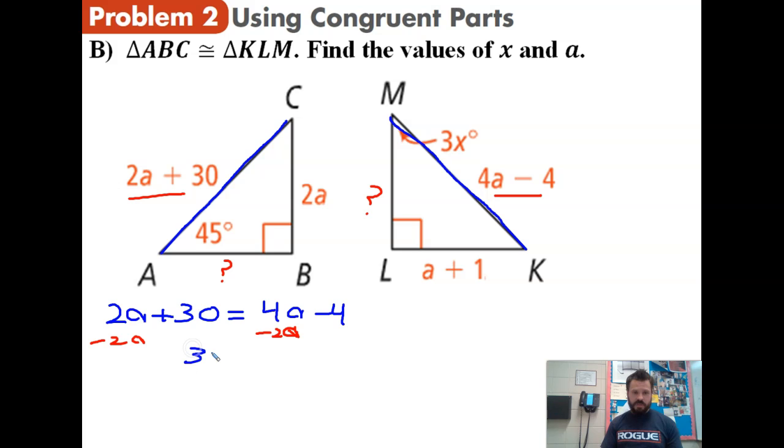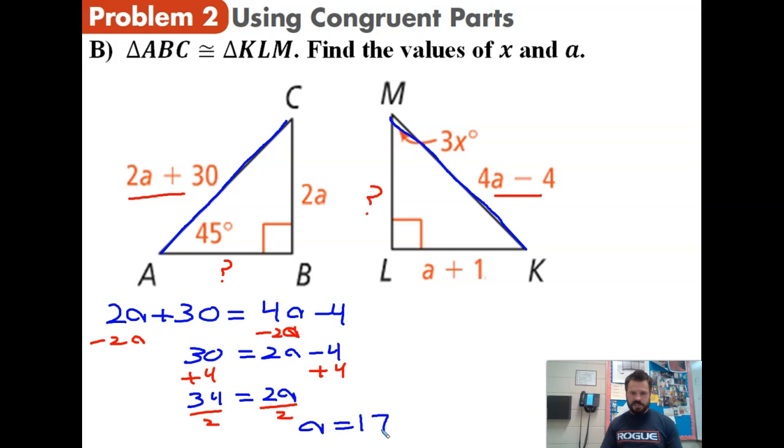That's going to leave us with 30 is equal to 2a minus 4. Then we'll add 4 to both sides to give us 34 is equal to 2a. And then I'll divide both sides by 2 to end up with a is equal to 17.